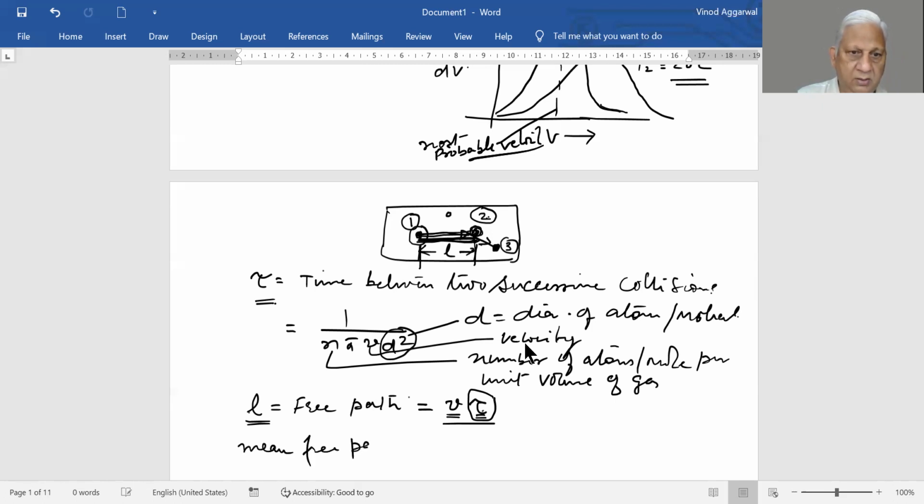Mean free path, which is given by this relation.